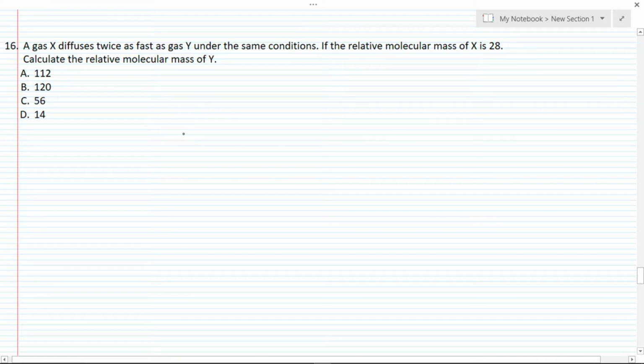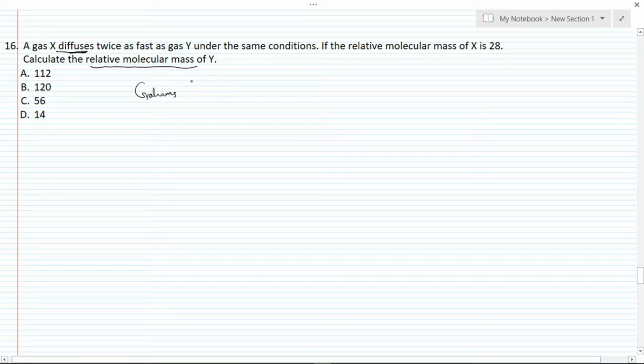Interestingly enough, we covered diffusion, because the keyword here is diffusion, and also molecular mass. We covered this in question 1, where the word diffusion pretty much gave away that it's a question under Graham's law of diffusion.